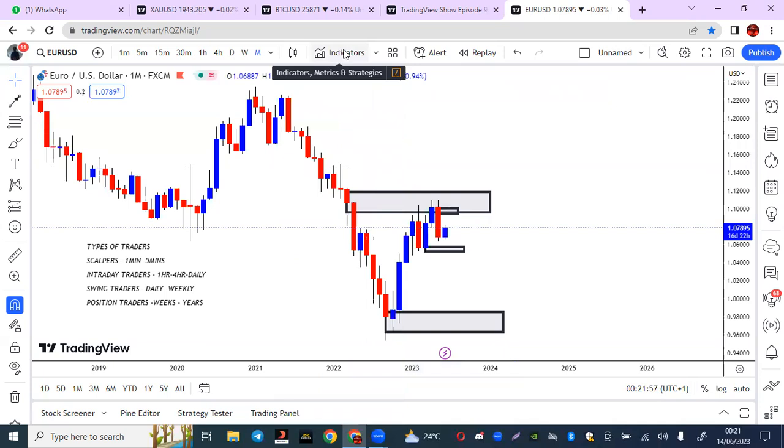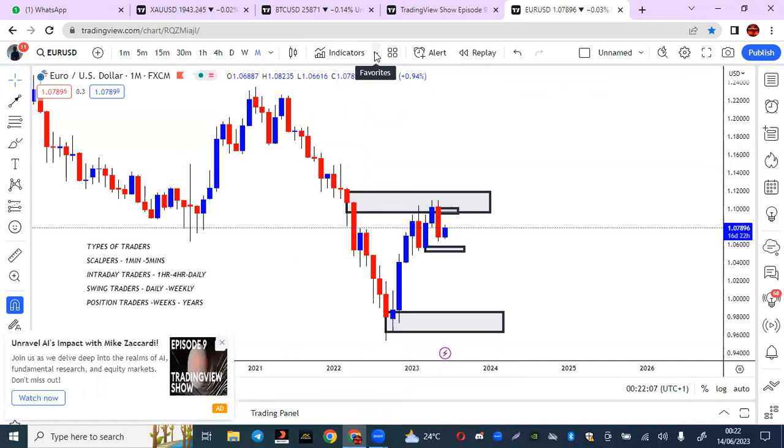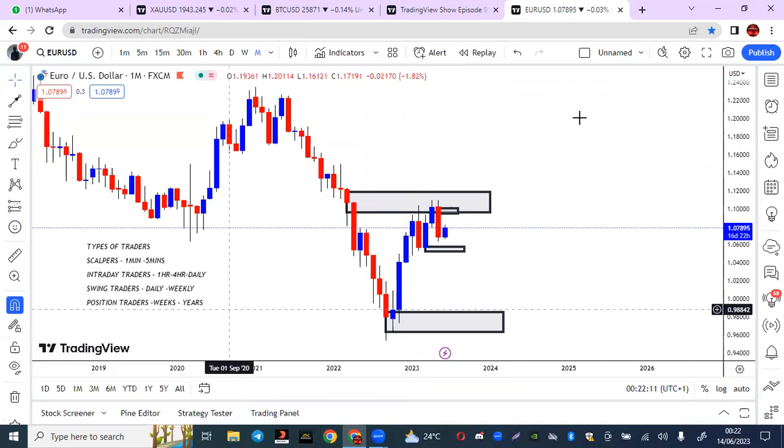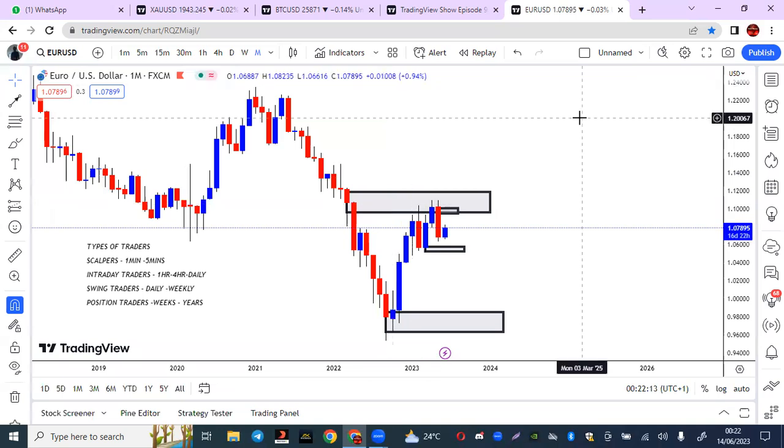Now we have indicators. There are indicators that take historic price, what price has already done, the pattern that price forms, and then the indicator will be able to tell you this might be a sell, this will be a buy and all that, based on the price action, because price always repeats itself when it comes to forex.